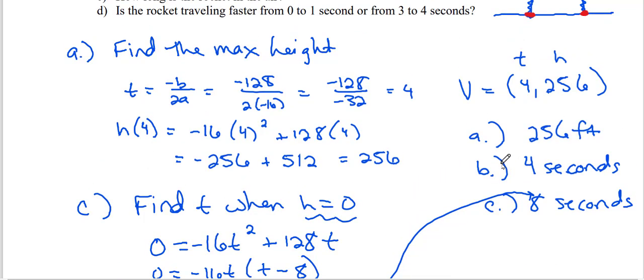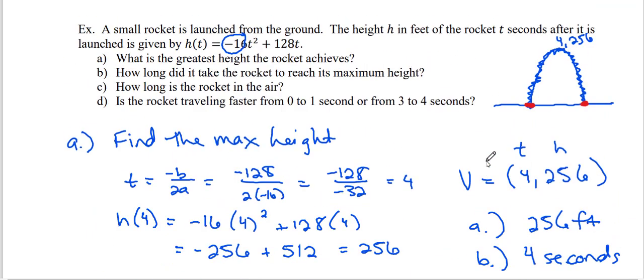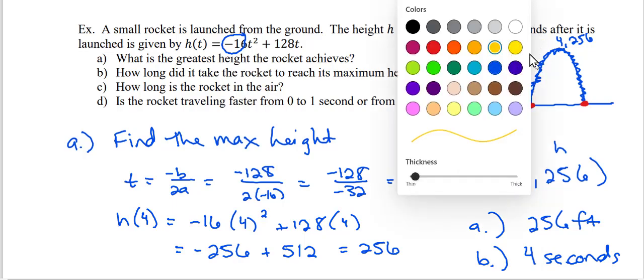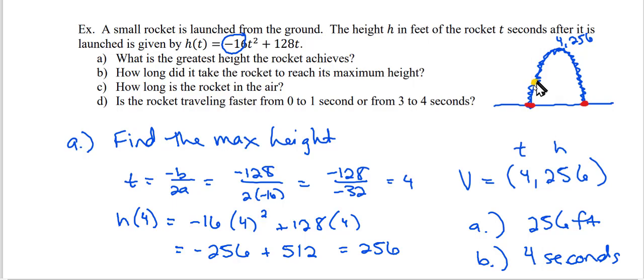All right, is the rocket traveling faster from 0 to 1 seconds or from 3 to 4 seconds? Well, first I'd ask what makes sense to you. Do you think it's traveling faster from 0 to 1? So from this first red point to maybe this point here?